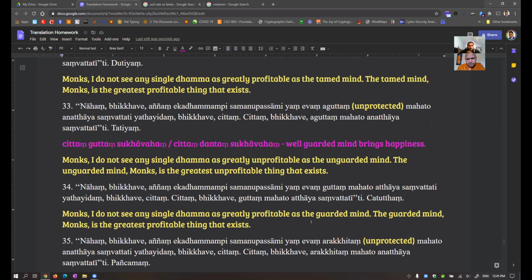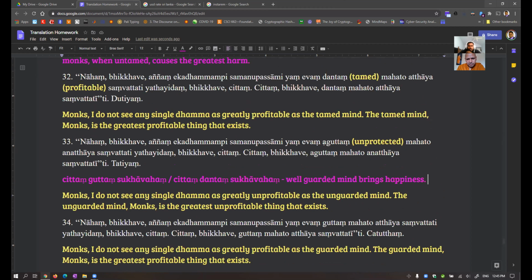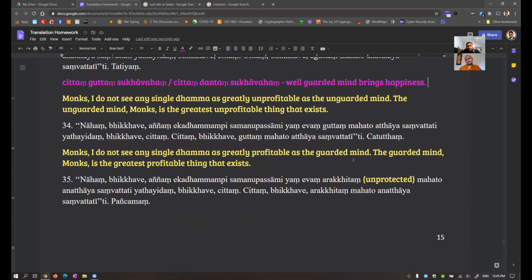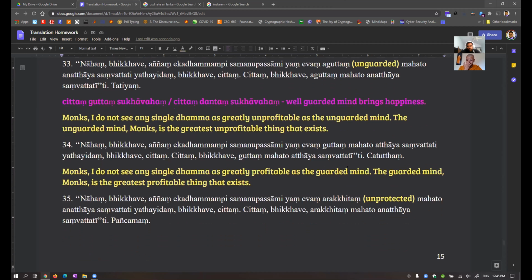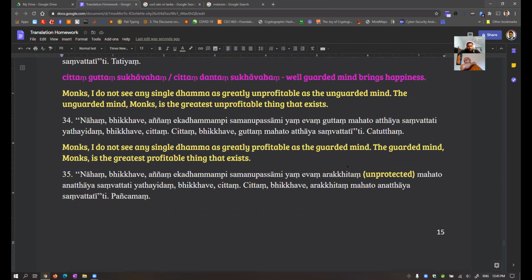My point here, Bhante, is if that's the case, gutang is guarded. Maybe that's where my mistake is. So this needs to change. Unguarded. Gutang is guarded. There you go.